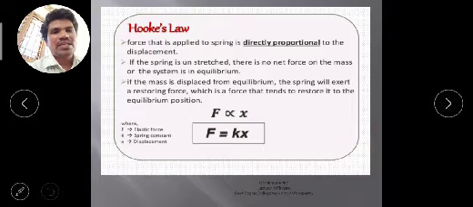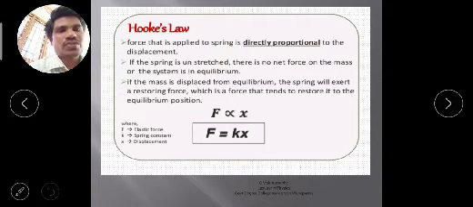In the unstretched spring, there is no net force on the mass, and the system is in equilibrium. If the mass is displaced from equilibrium, the spring will exert a restoring force, a force that tends to restore it to the equilibrium position, which is called the restoring force.